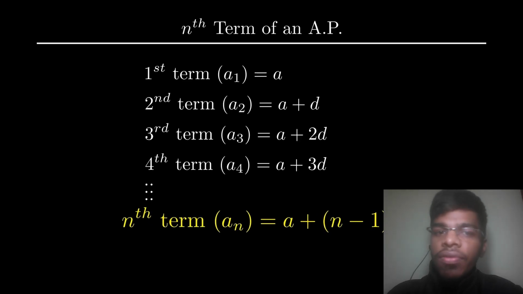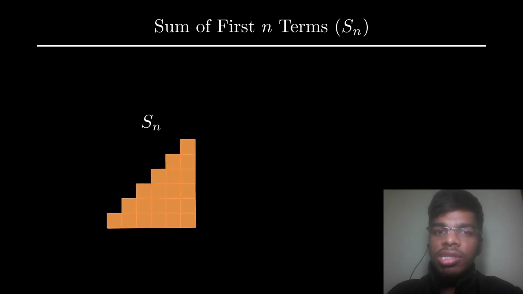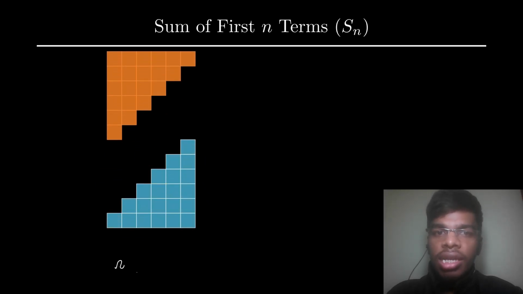Now that we know how to denote the nth term, let's see how we can find the sum of the first n terms of an AP. Here I have a sequence like 1, 2, 3, 4, 5, 6, which I have denoted using boxes. I am going to take this pile of boxes, reverse it and pile it on top of the original.